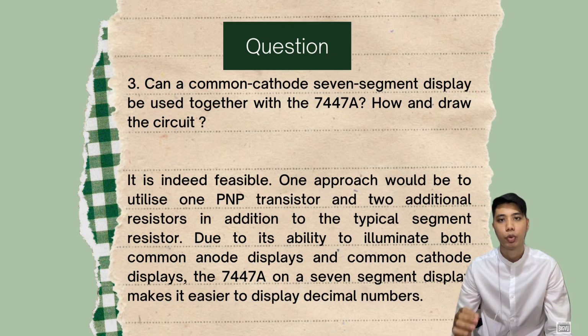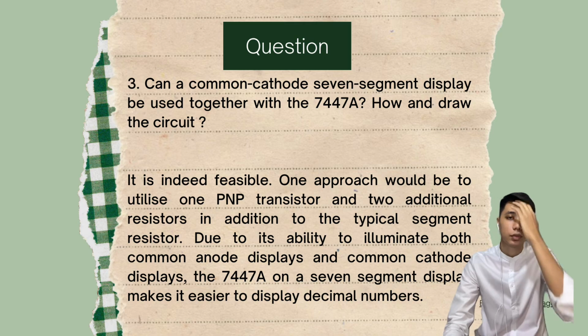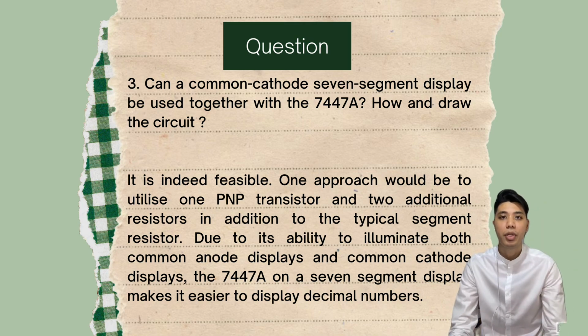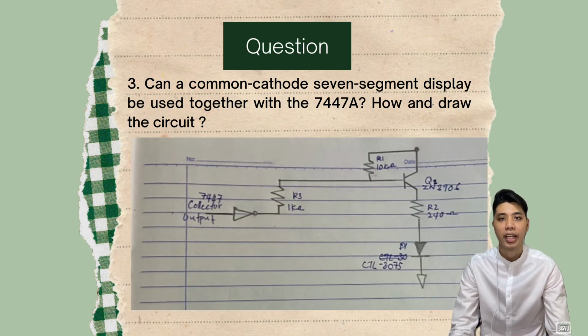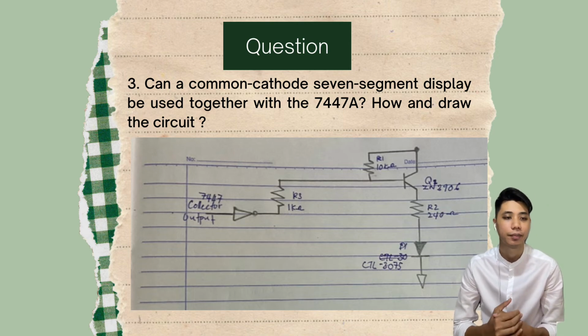One approach would be to utilize 1 PNP transistor and 2 additional resistors in addition to the typical segment resistor. Due to its ability to drive both common anode display and common cathode display, the 7447A on a 7 segment display makes it easier to display decimal number.